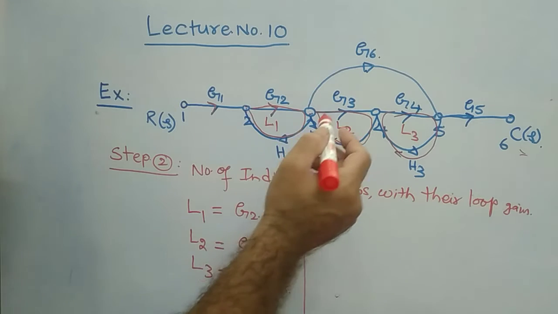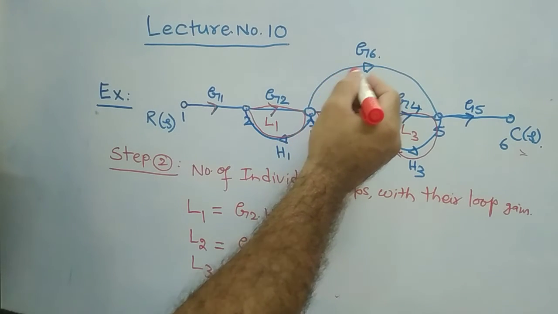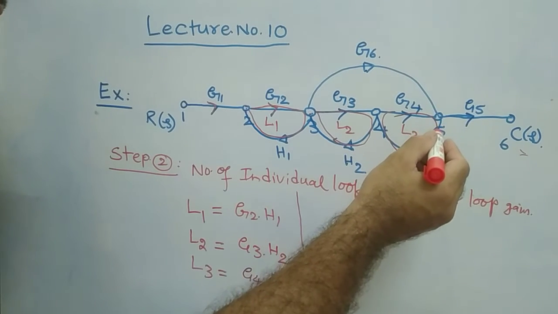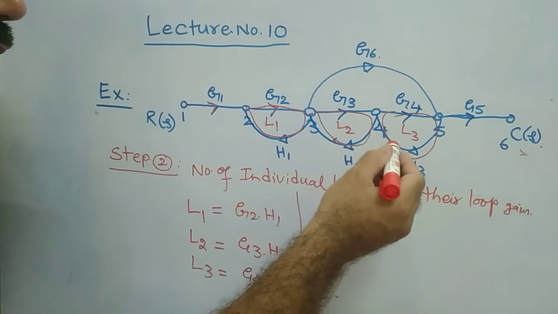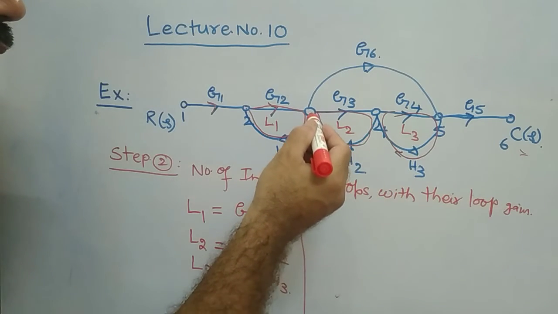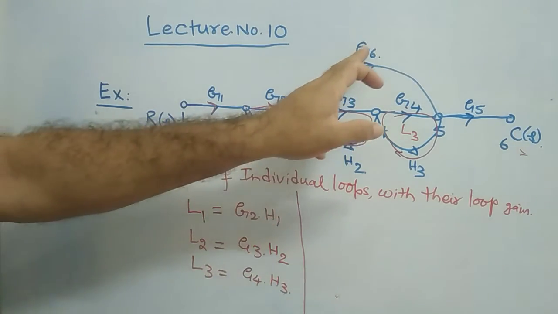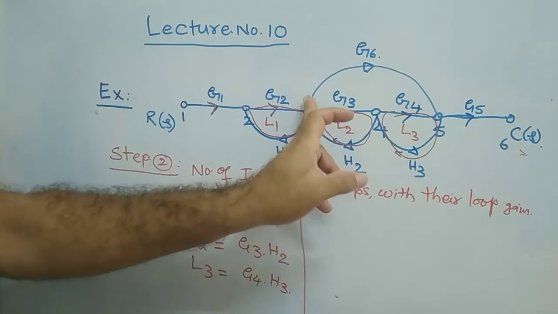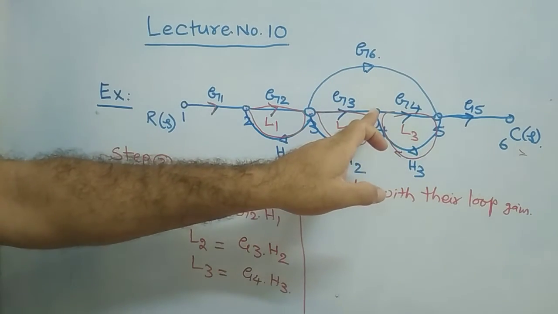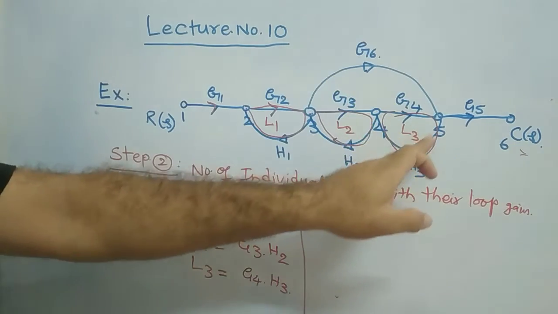Again, if you see from node 3, the arrow mark is given in the forward direction up to node 5. From node 5, it is coming in the backward direction to this node, and from this node it is going forward and finally ending here. That is, from 3 to 5 one arrow mark is going forward, and from 5 to 4 and 4 to 3 this is forming another loop.